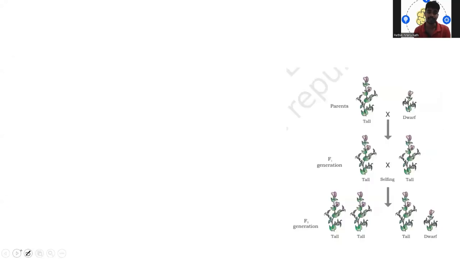And one example of the experiment he did is inheritance of one gene.